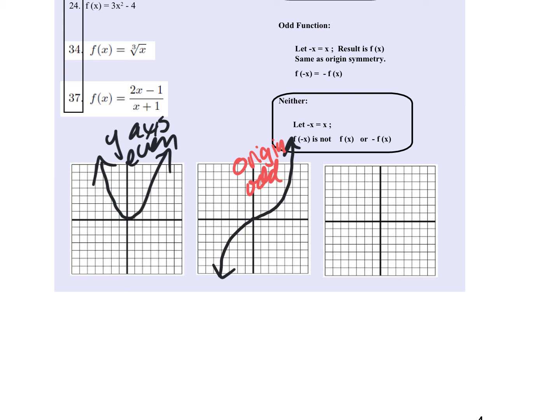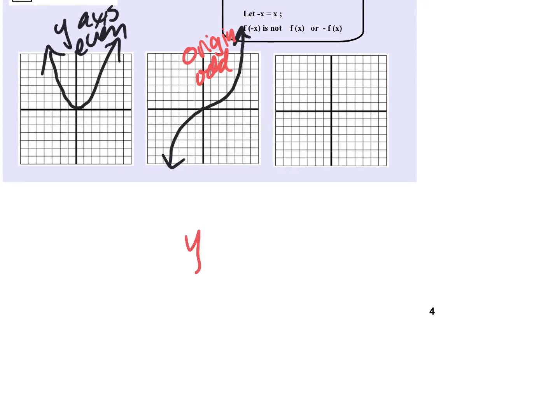Okay. And this is the kind of problem where we did this for a while and then we kind of set it aside. But do you remember the deal where I'd give you an equation? We've already been tested on this. And I would say, determine if this is even or odd.